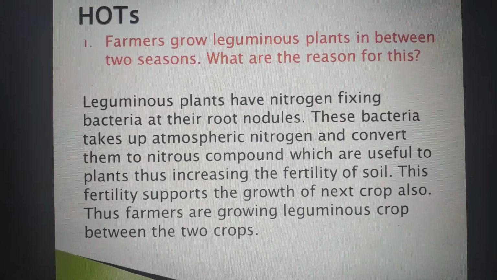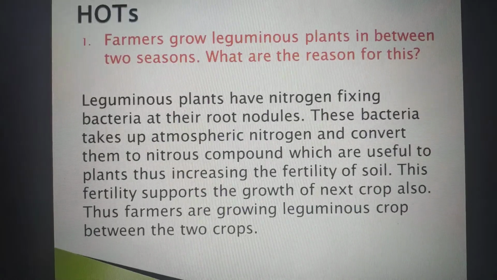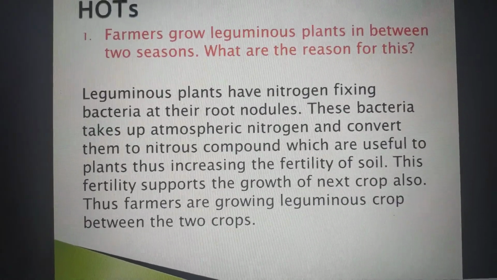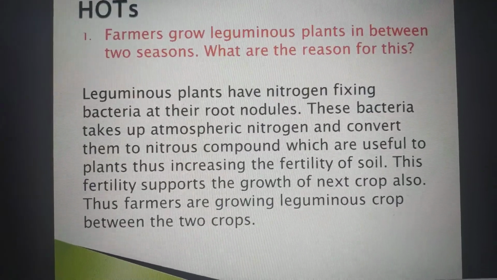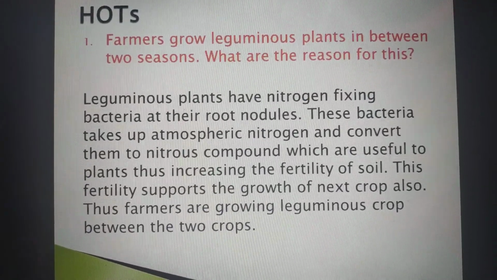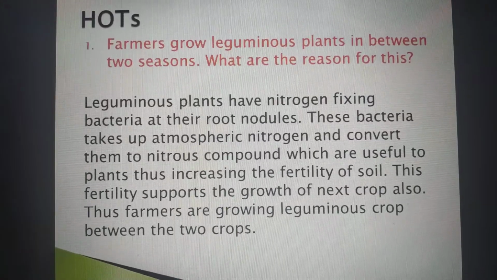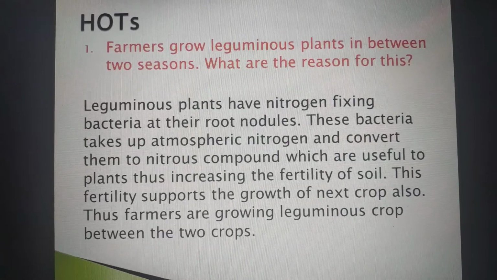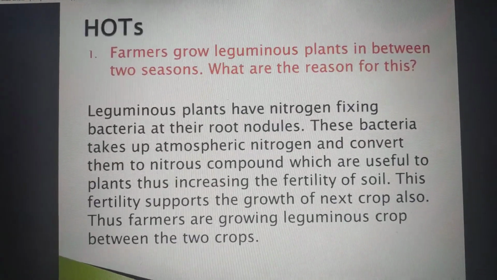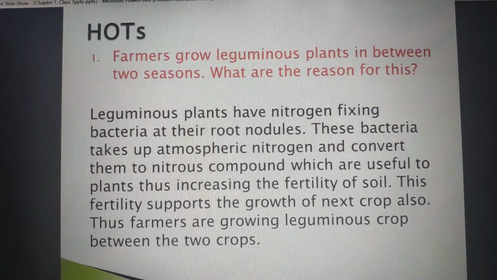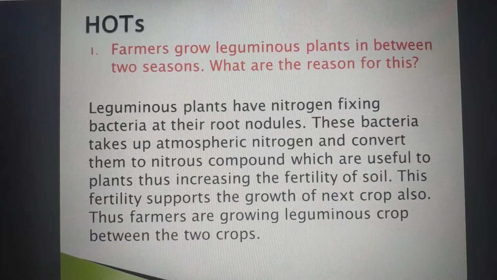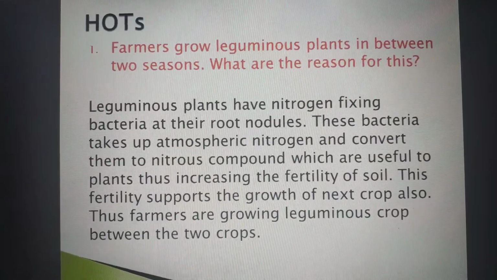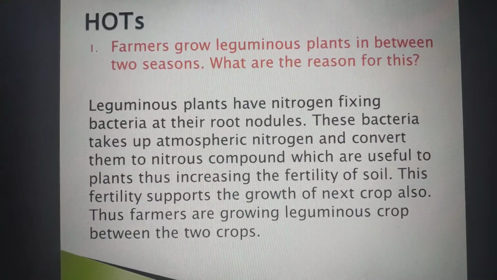See, this farmer is very intelligent. He must know about the symbiotic association between the leguminous plant and rhizobium bacteria. When the farmer grows a leguminous plant, the plant which contains rhizobium bacteria fixes the nitrogen, and that nitrogen enters the soil, thus increasing the fertility of the soil, because nitrogen is a type of natural fertilizer.